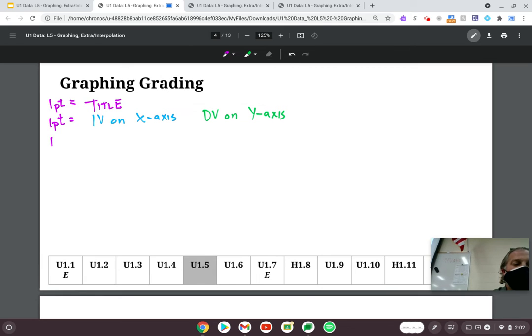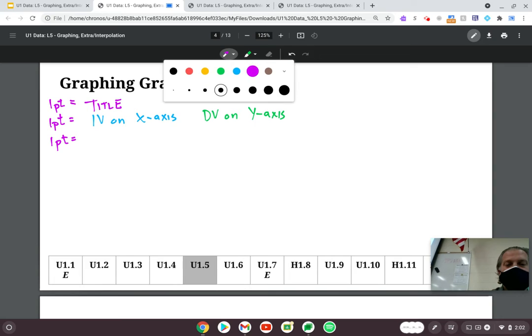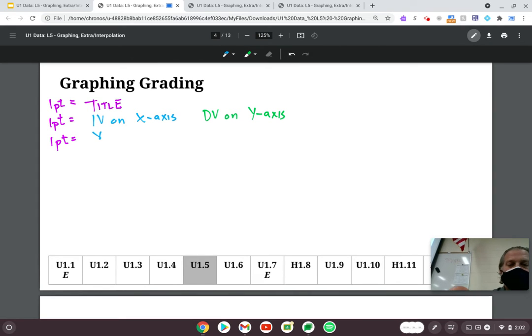For another point, you will have the x-axis labeled with name and unit.